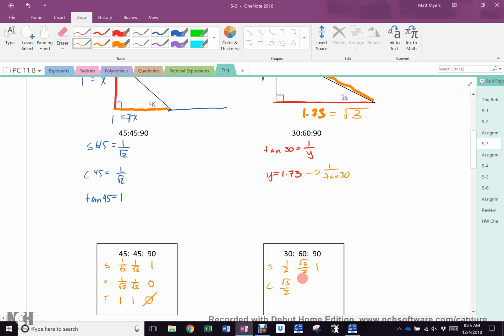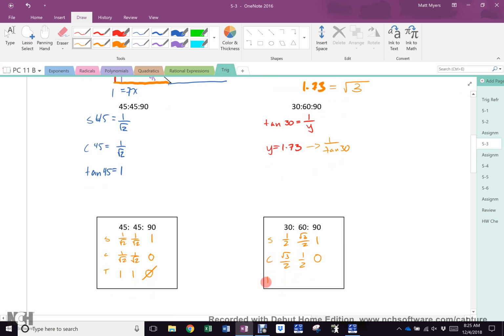What's the cos of 60? 1 over 2. What's the cos of 90? You know it from the other side. 0. What's the tan of 30? 1 over root 3. What's the tan of 60? Root 3. What's the tan of 90? Undefined.